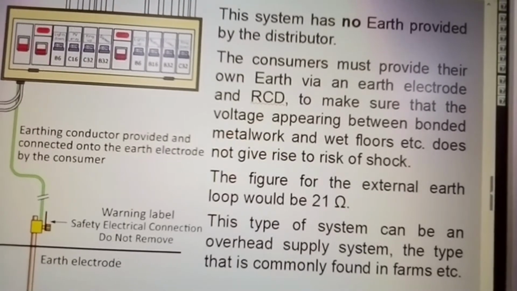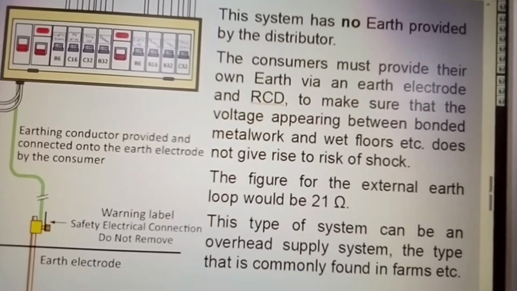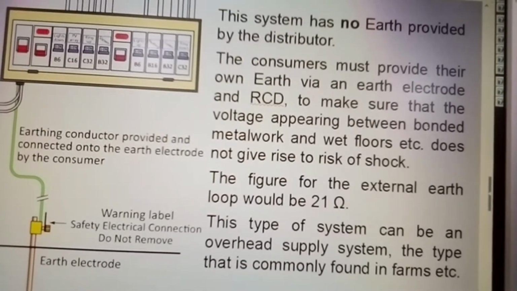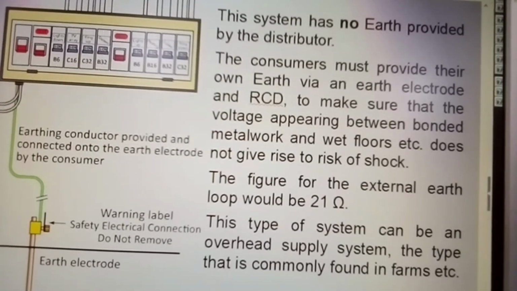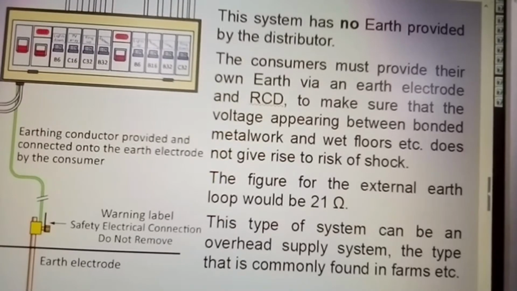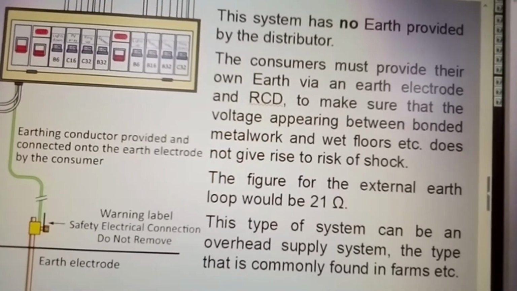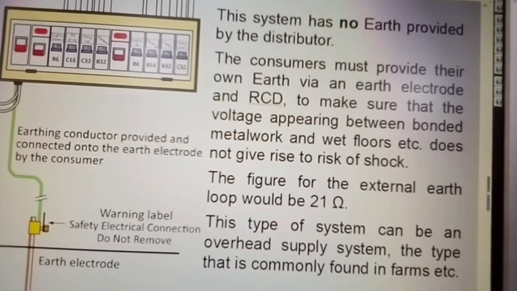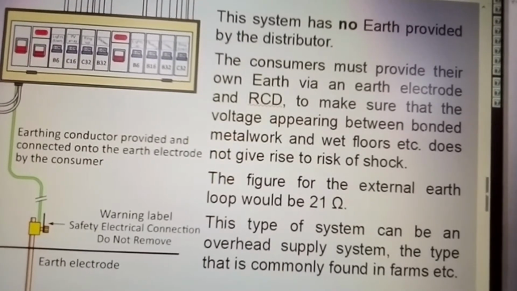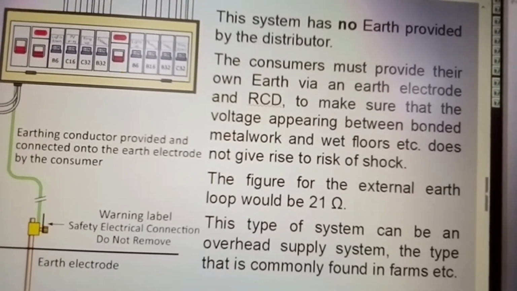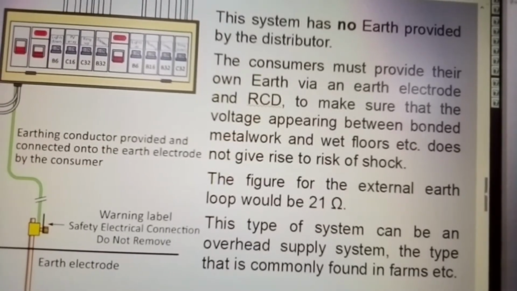The consumer must provide their own earth via an earth electrode and RCD to make sure that the voltage appearing between bonded metalwork and wet floors, etc. does not give rise to risk of shock. The figure for the external earth loop would be 21 ohms, or even lower if possible. This type of system can be an overhead supply system, commonly found in farms, etc.